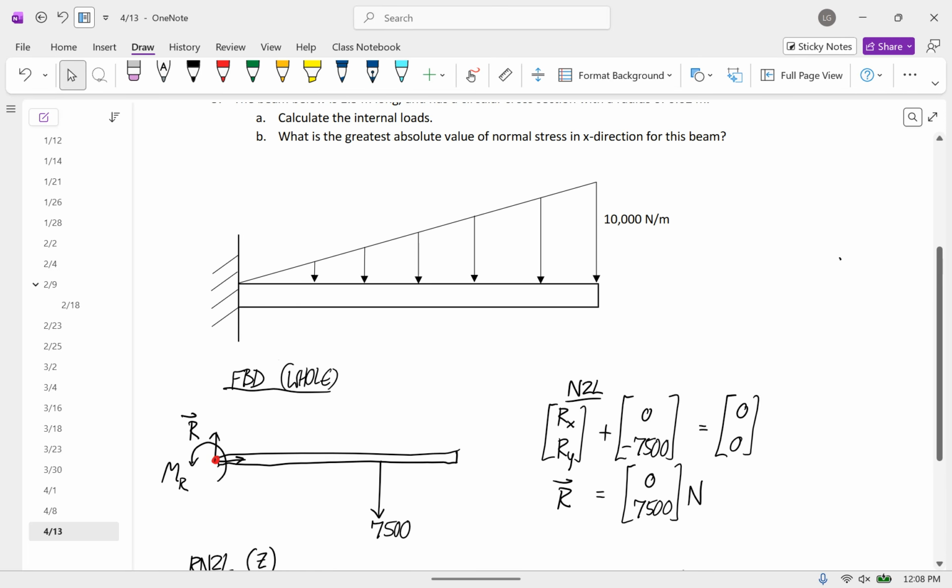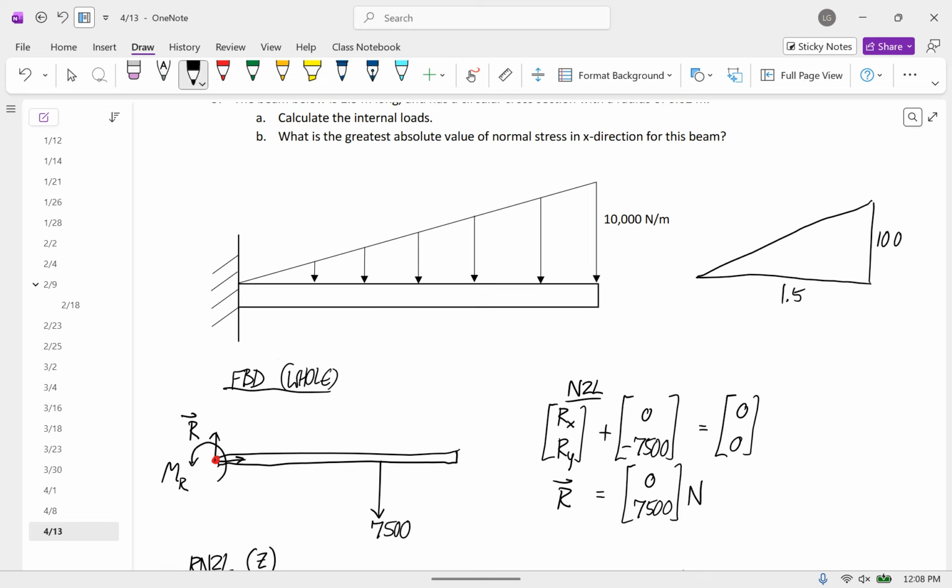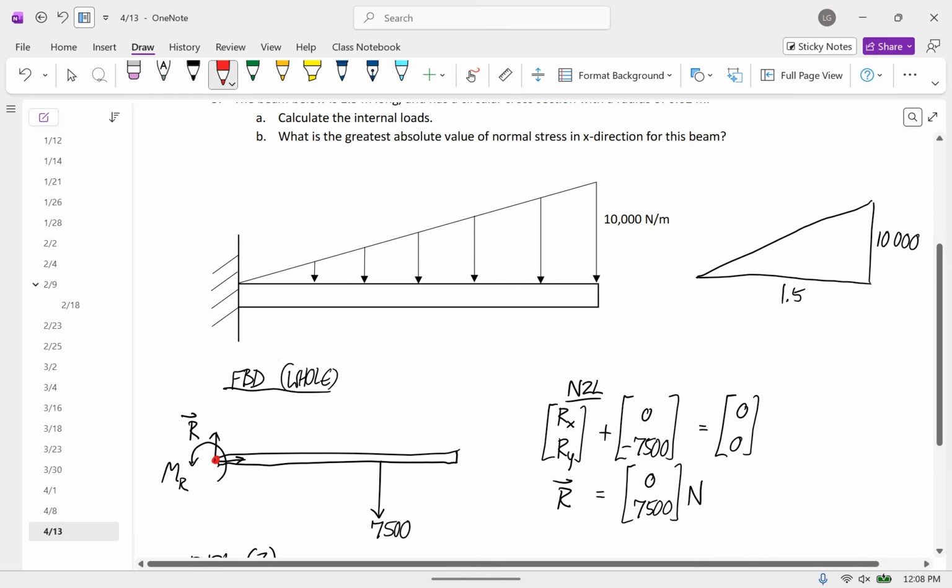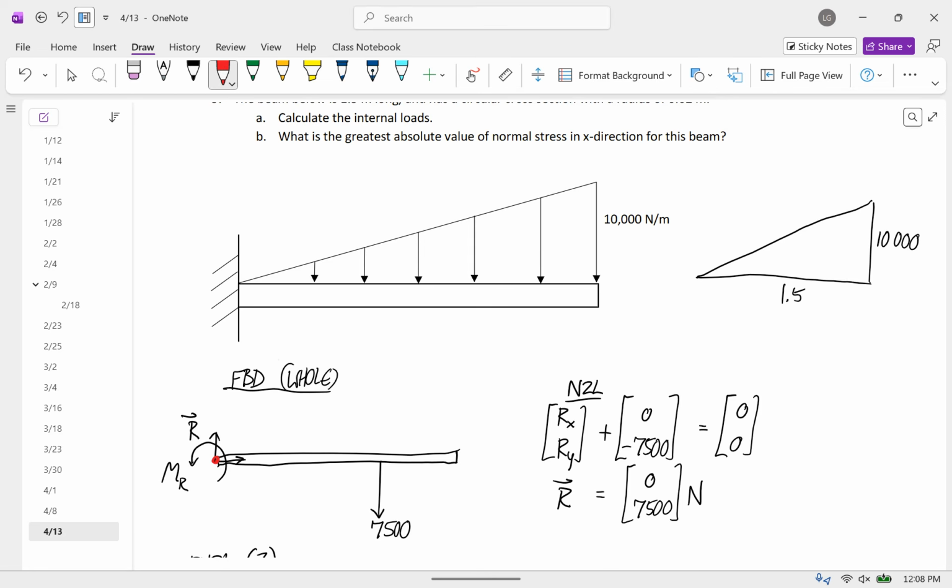Because remember that when you calculate, I kind of skip the step that I do a lot of times. When I go from representing it as a distributed load to a point force, remember the way you do that is draw out the shape. We have a width of 1.5 and a height of 10,000. And when we represent this as a point force, it's going to act at the centroid of this shape.